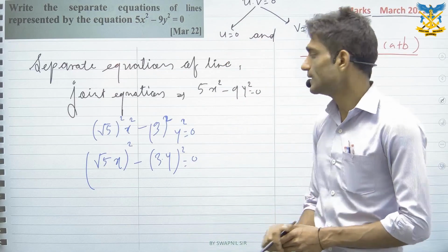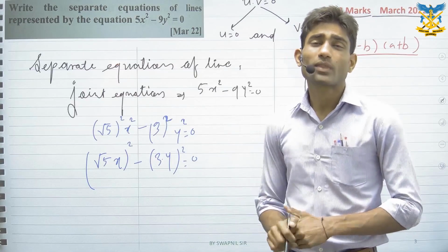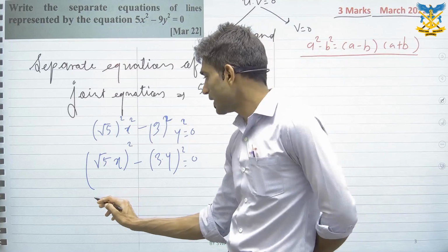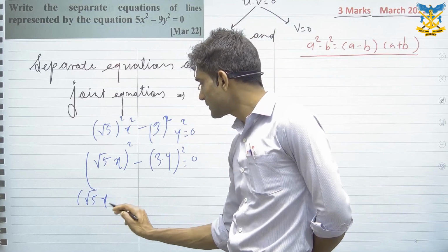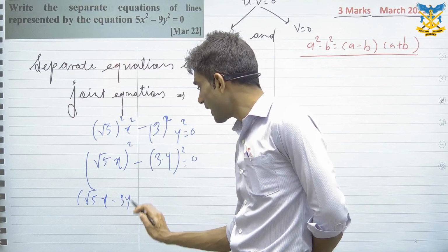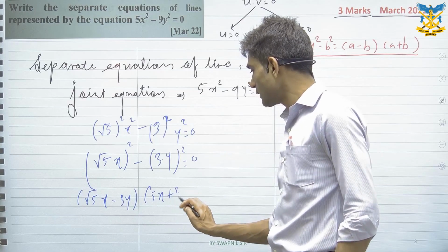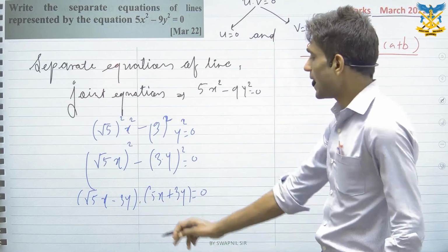Our equation says a² − b² = 0, that means (a − b)(a + b) = 0. So (√5 x − 3y)(√5 x + 3y) = 0. Now we have the multiplication.